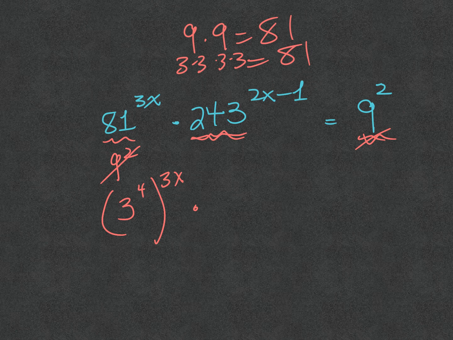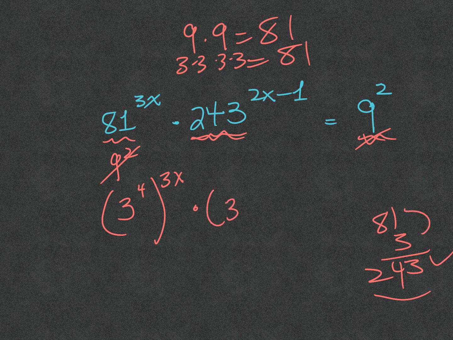So now I know that 3 to the power of 4 is 81. Try to do 81 times 3. 1 times 3 is 3. 3 times 8 is 24. Look, bingo, we have it. Meaning another 3. So it's 3 to the power of 5 to the power of 2x minus 1 equals, and now let's change our 9.